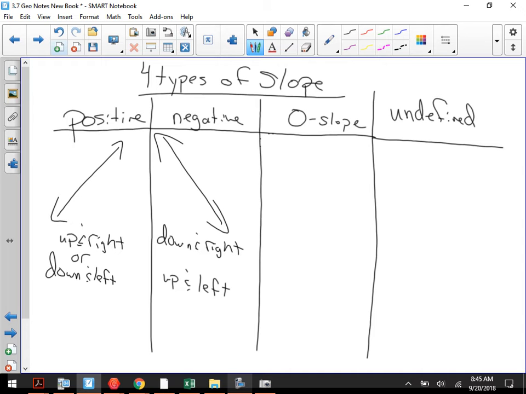What kind of lines, don't say straight, have a slope of 0? Very good. Horizontal lines have a slope of 0. The reason is that when you have a horizontal line, your y value never changes, so you get 0 divided by some value of x.